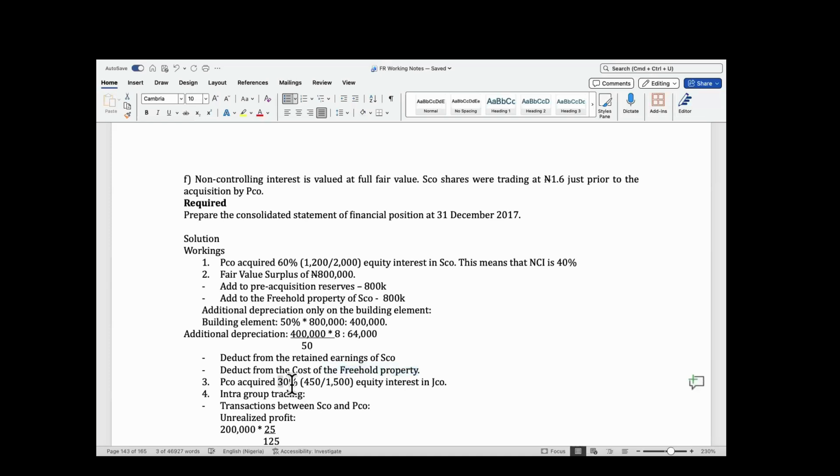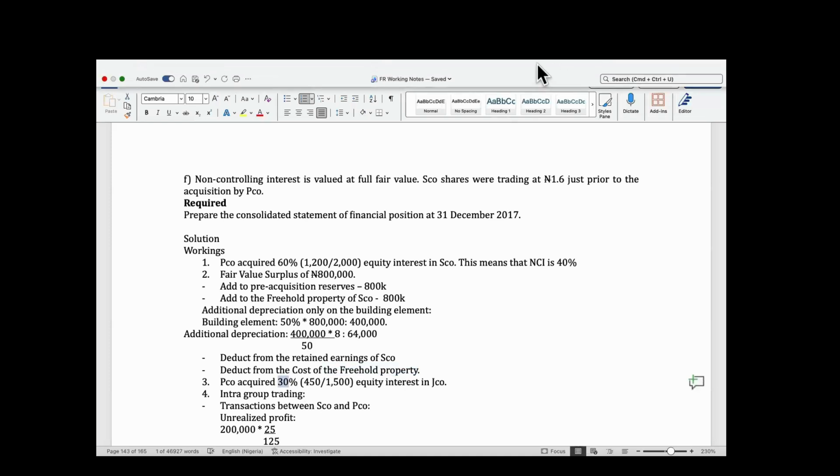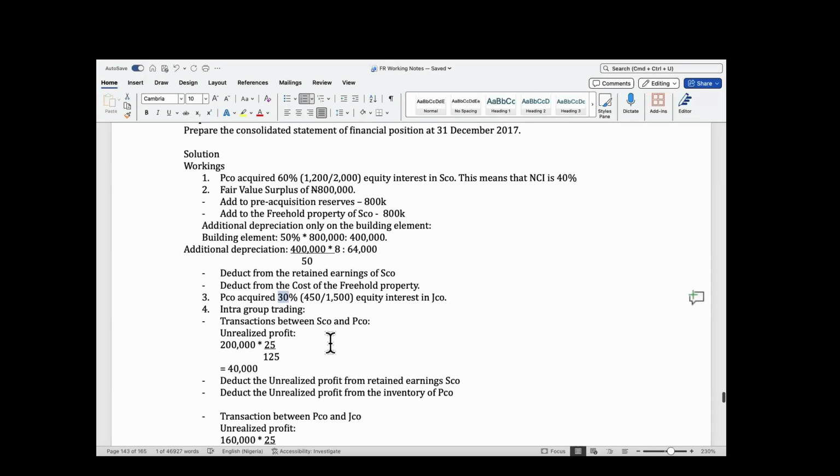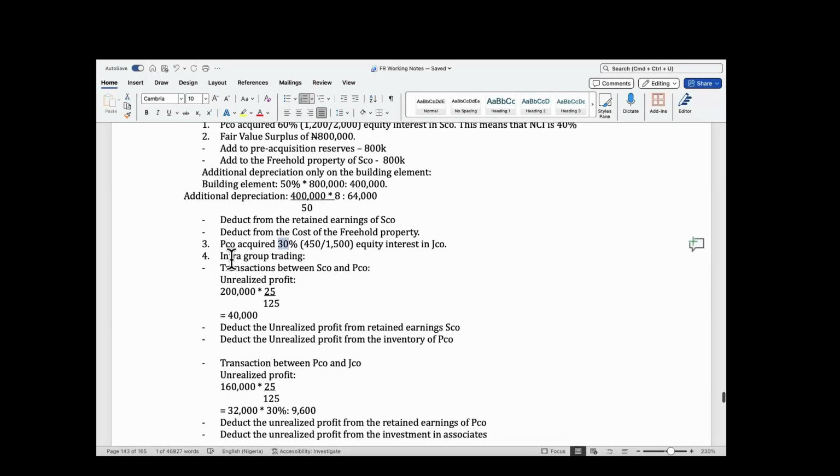Also, we computed our interest in the associate, which is 30%. And also, like I've explained, for the intragroup trading transactions between the parent and the subsidiary, we got the unrealized profit, which is 25 over 125 times 200, which is 440,000.